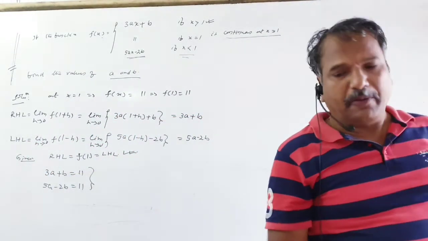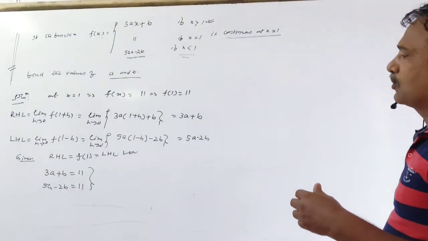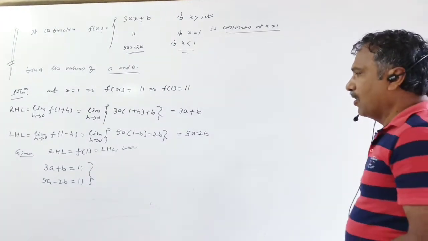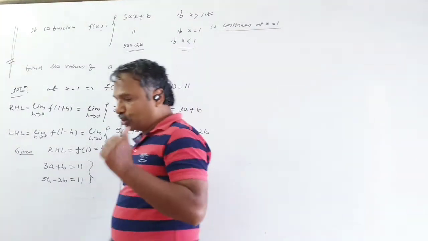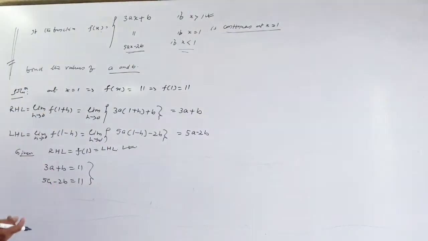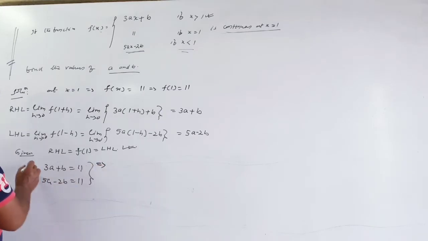You can solve by the elimination process, cross multiplication, substitution, or Cramer's rule. Here by elimination, multiply this equation by 2 and this equation by 1.